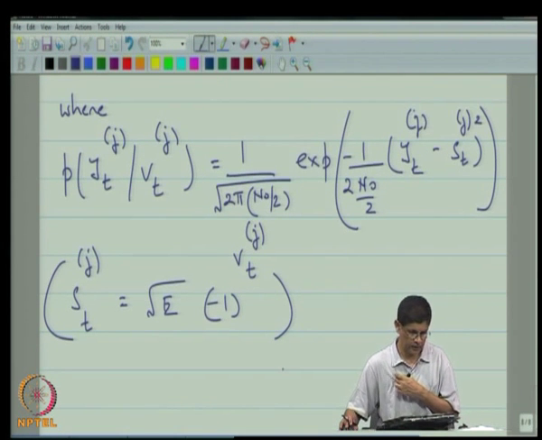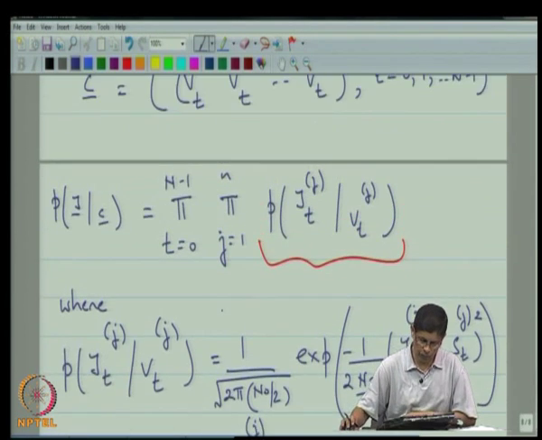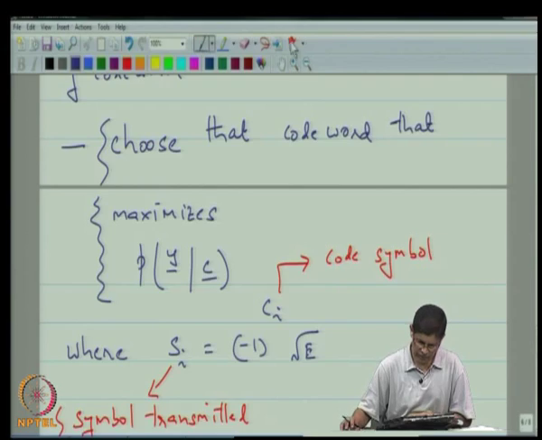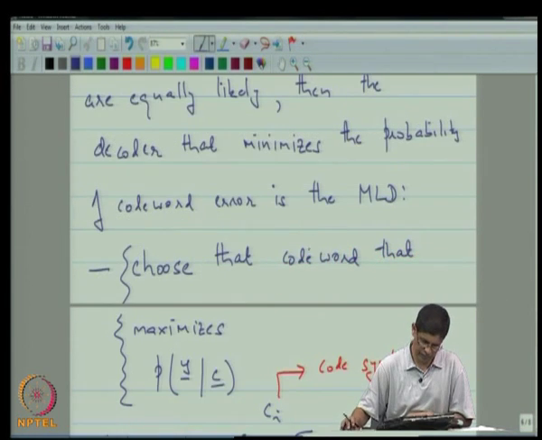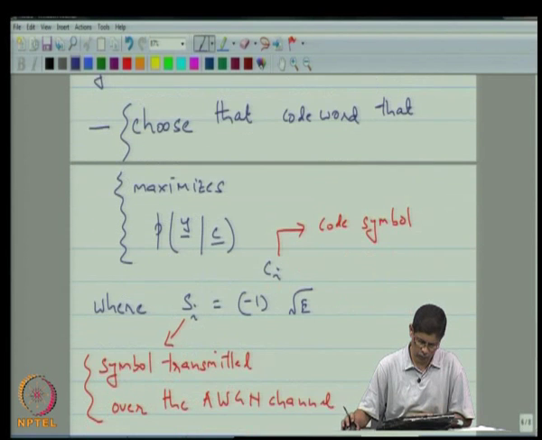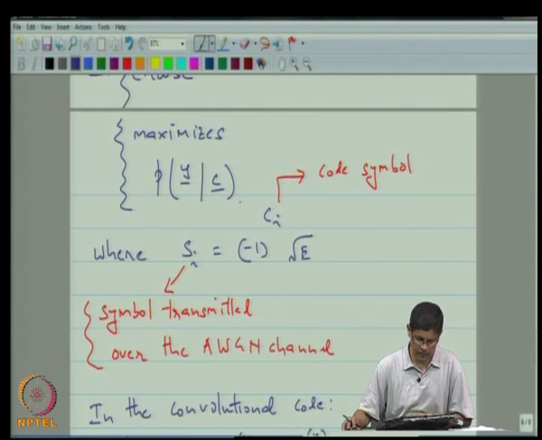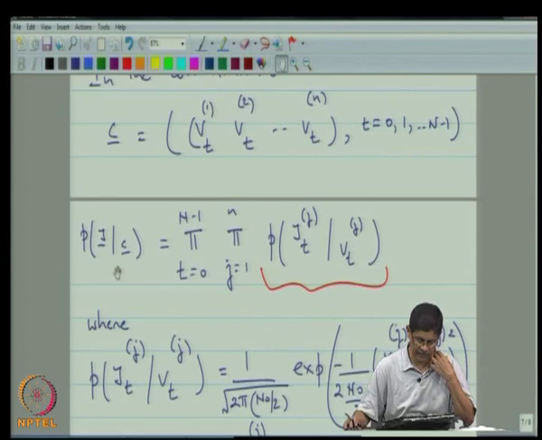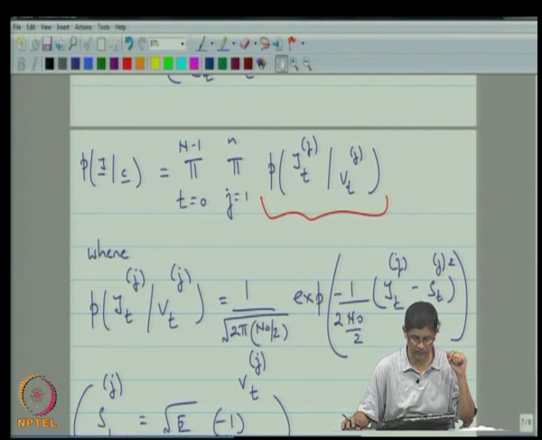All right. So, let me just zoom in so that you get a better perspective. So, maximum likelihood code word decoding asks you to actually select that code word which maximizes this quantity P of y given C. But P of y given C is really the product of several terms, and each of which actually looks like this.